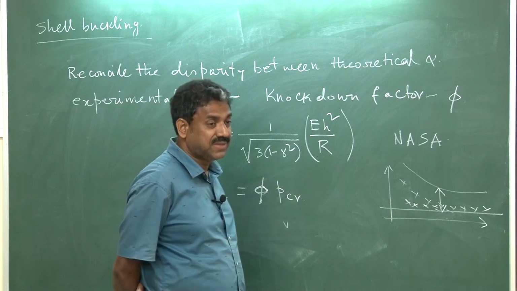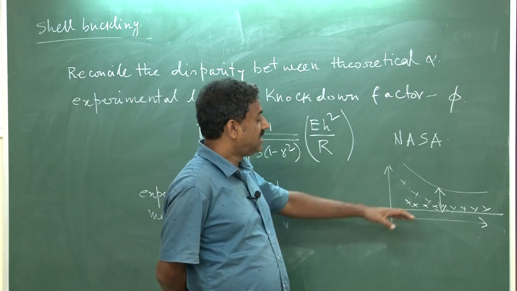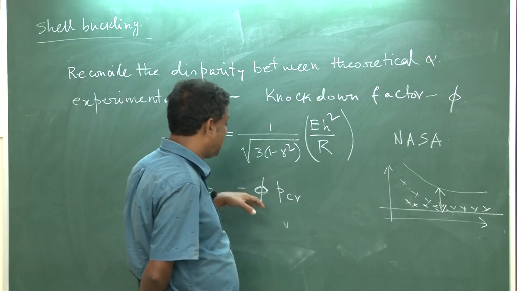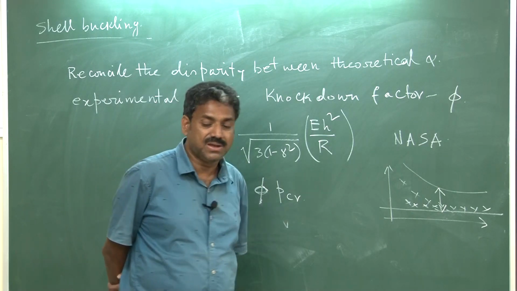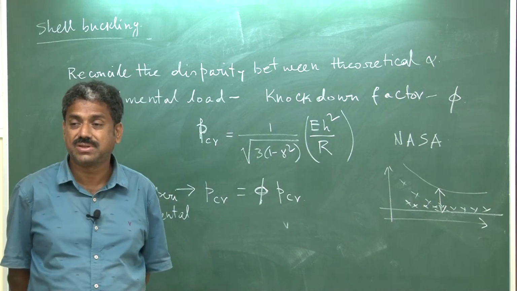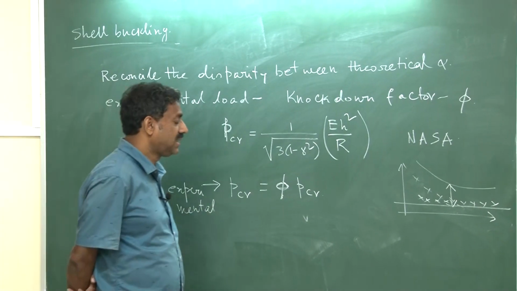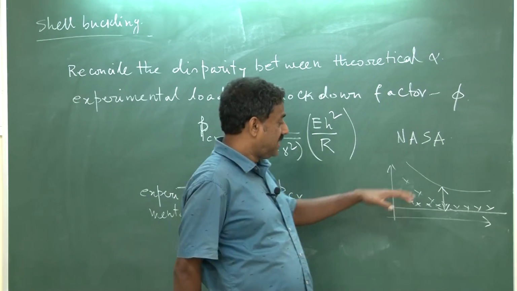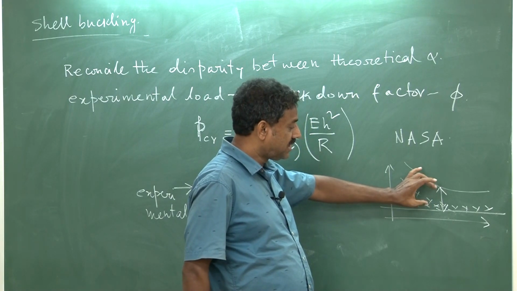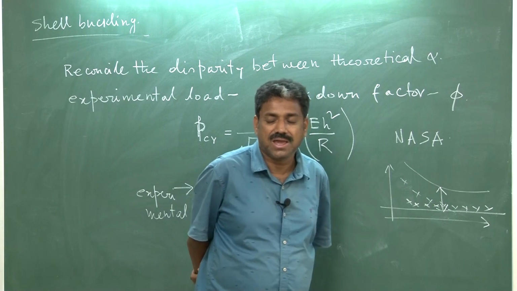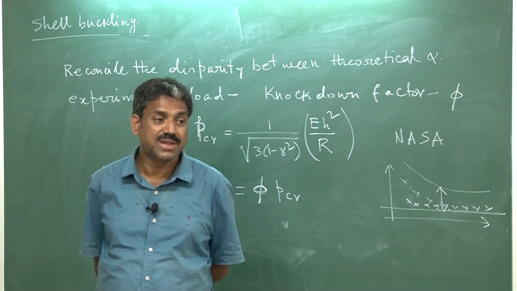So, to be safe in design, NASA adopted knockdown factors which are very safe. Of course, later, around 2017 or so, there was renewed interest in reducing this margin, so that it will allow economic design, okay.